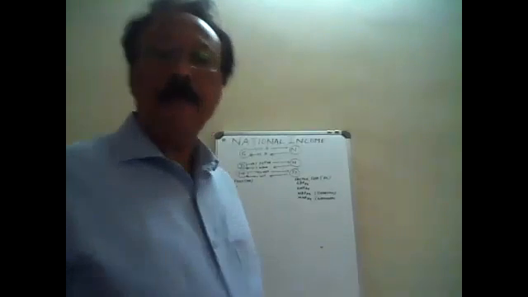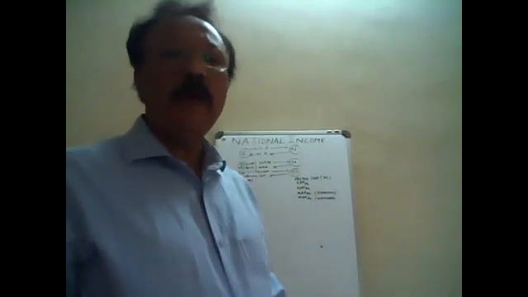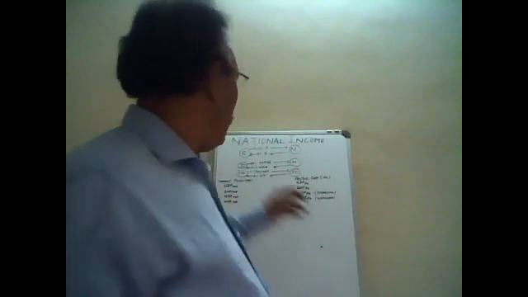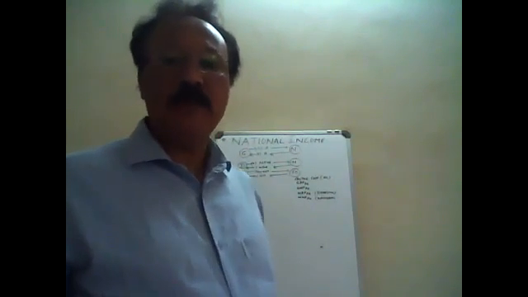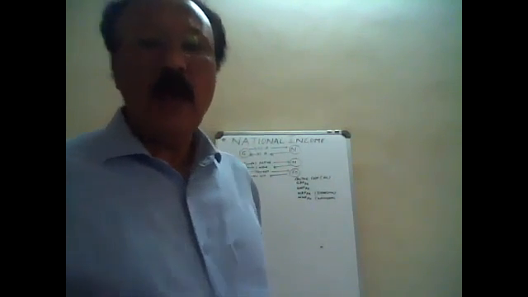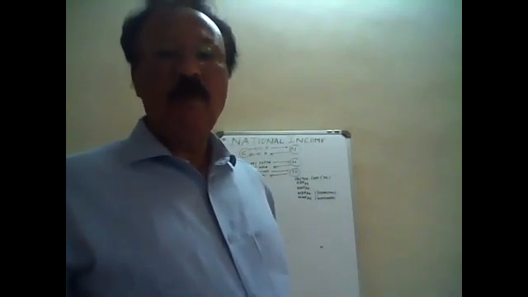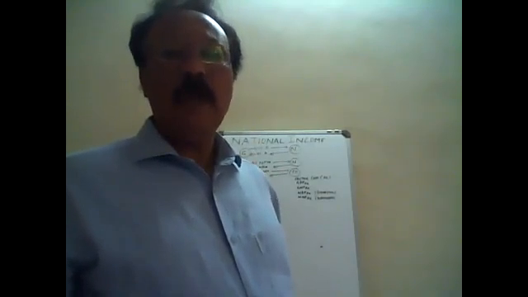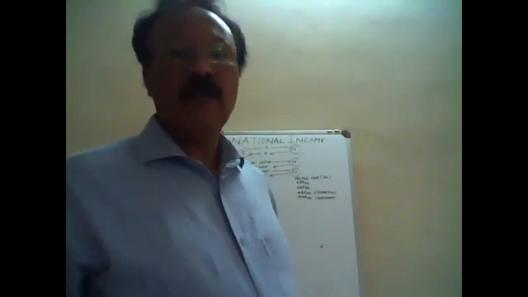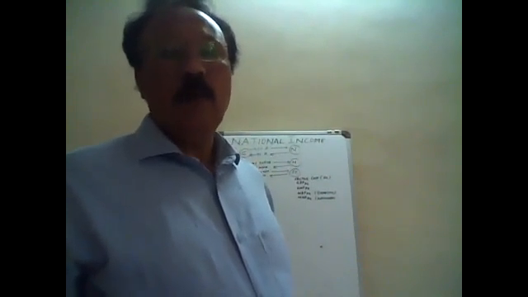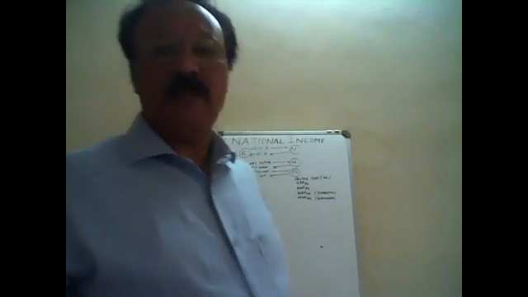Now, yesterday, we had stopped at how to interchange the values from one to the other, how to interchange the concepts. We've done a few examples, and today, I would like to take that topic up again so that you are more familiar, and once you are familiar, then there would be no problem any time to interchange the concepts from the market price to the factor cost, or for that matter, for any of the other concepts.